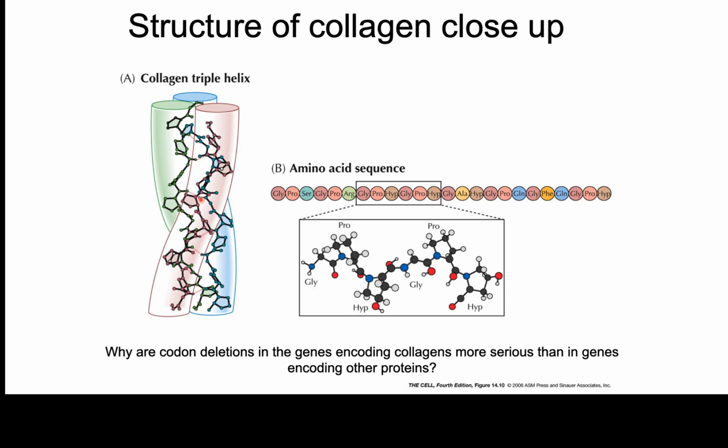So why are codon deletions in the genes encoding collagen more serious than in genes encoding other proteins? So if we had a gene coding for the collagen molecule, and one codon was just deleted, all right, so we took this proline out and sequenced it that way, or translated it that way.